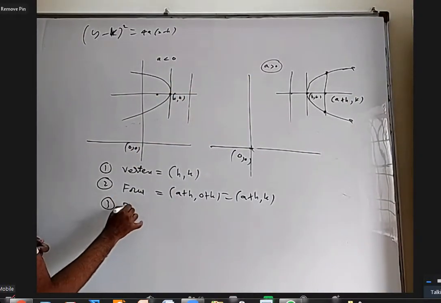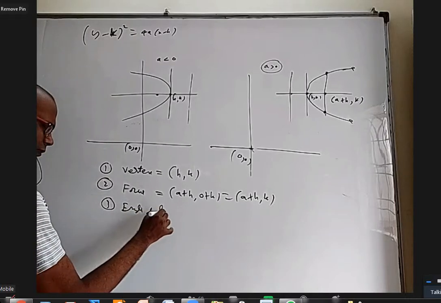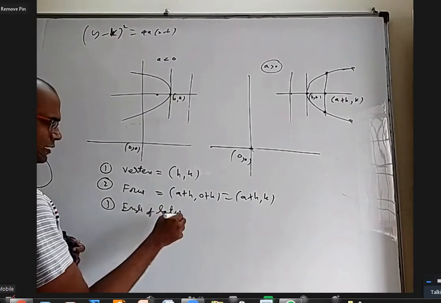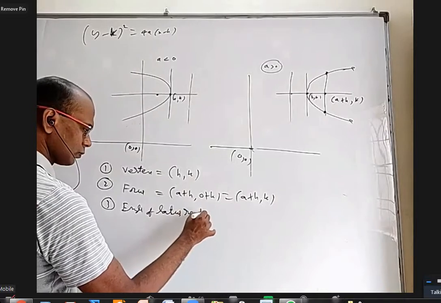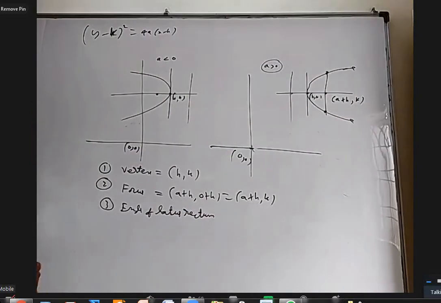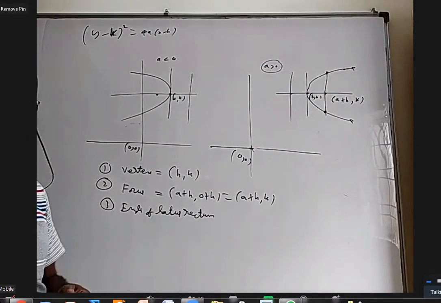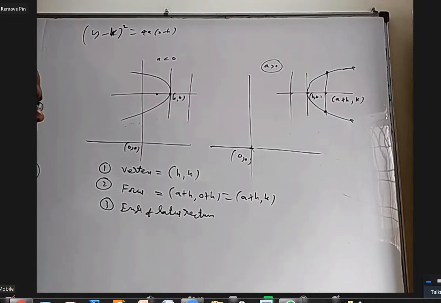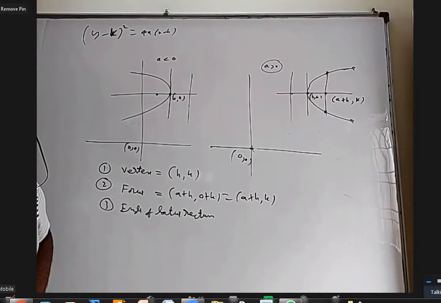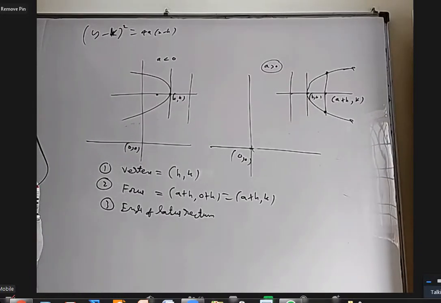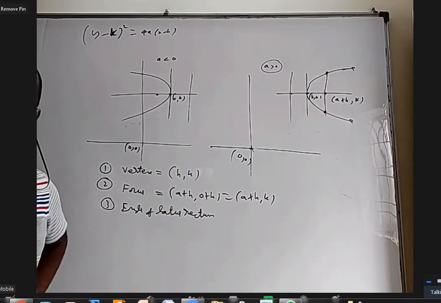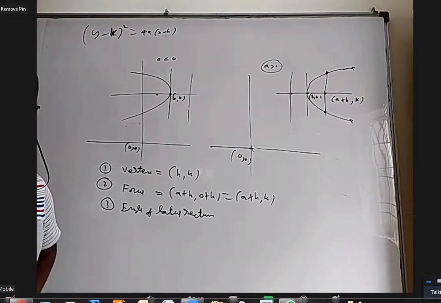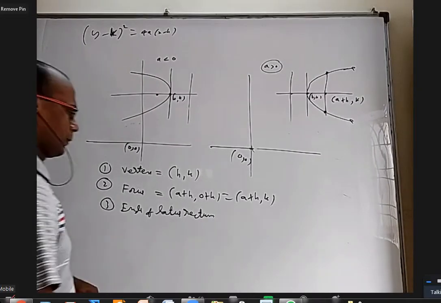Okay, ends of latus rectum. Anybody want to tell what will be the ends of latus rectum now? A plus h comma 2a plus k, that is one. What about another one? A plus h comma minus 2a plus k. Yes.